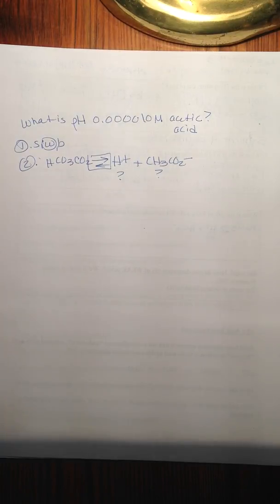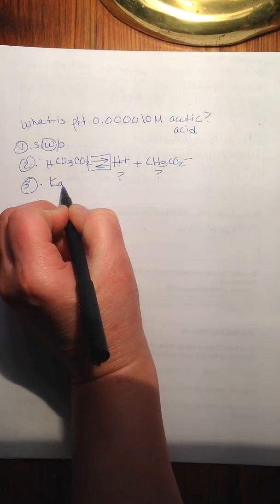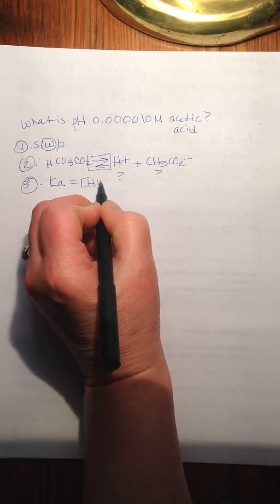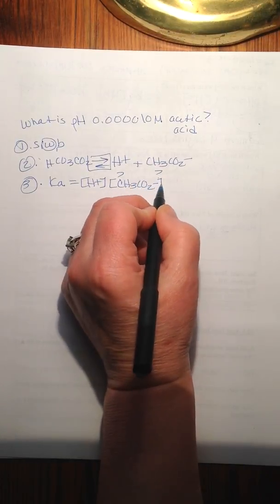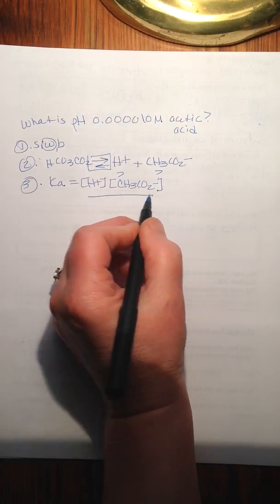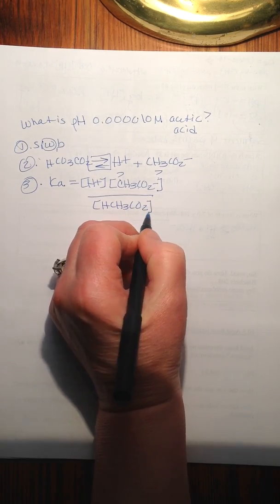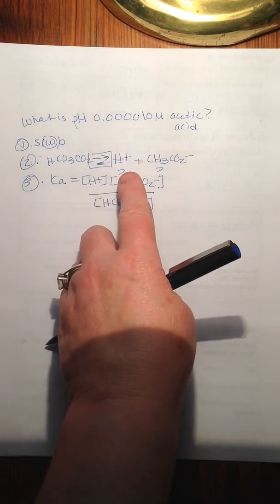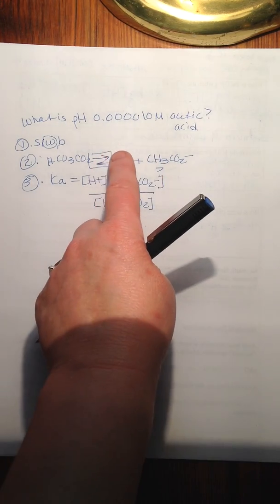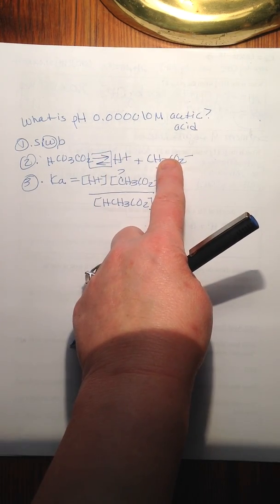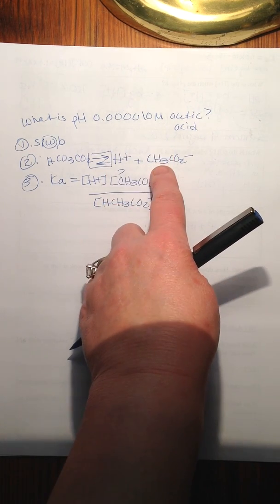However, since there is a double arrow, we can write a Ka expression. So Ka is going to equal the molar concentration of H+ times the molar concentration of the base, which is acetate, divided by the amount of acetic acid that we start with. Now, we don't know the H+ and we don't know the acetate, but we do know that it's a 1-to-1 ratio, which means that if we create X of this, we get X of this.